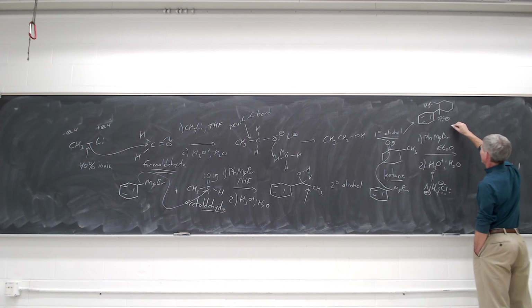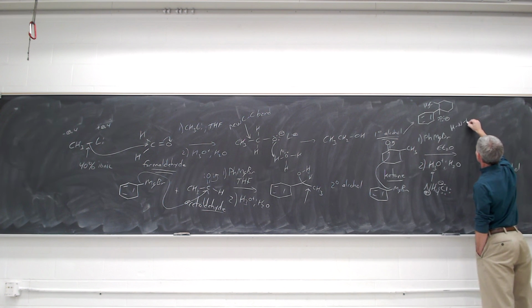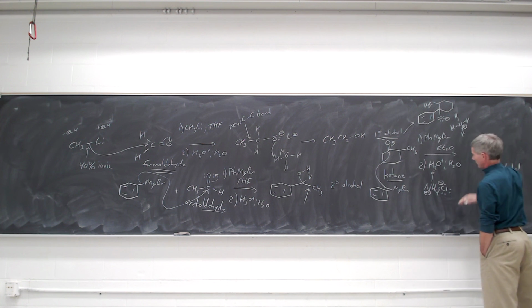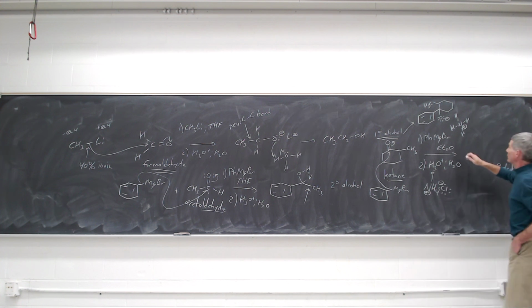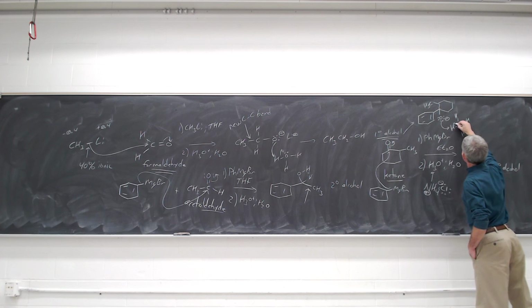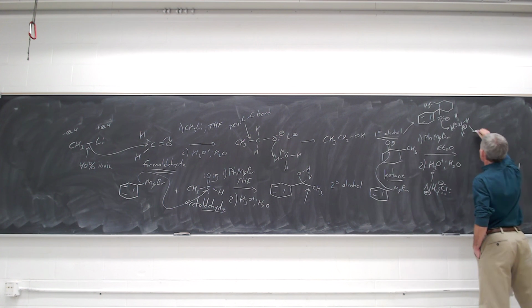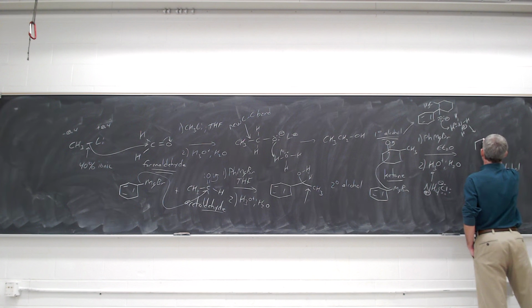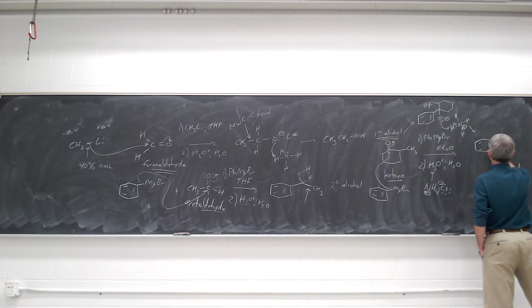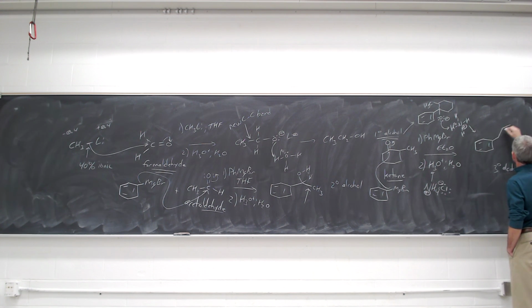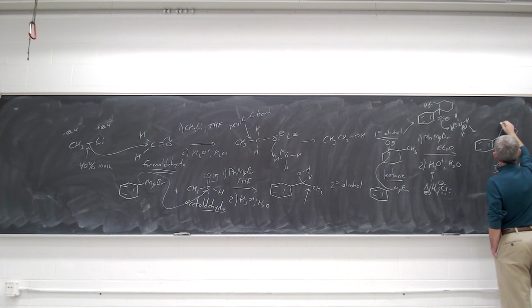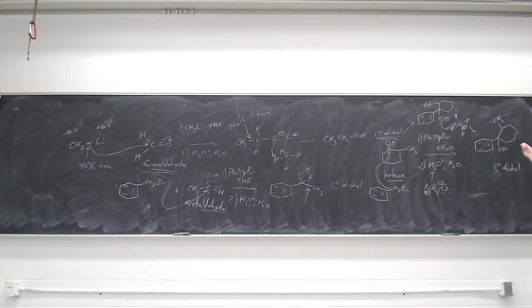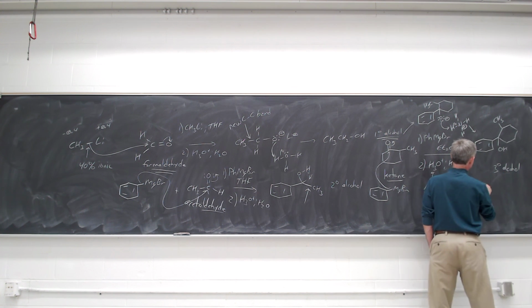And then the alkoxide ion in our case, instead of reacting with aqueous acid, it's actually going to react with the ammonium ion, so the milder acid. Generate 2-methyl-1-phenylcyclohexanol.